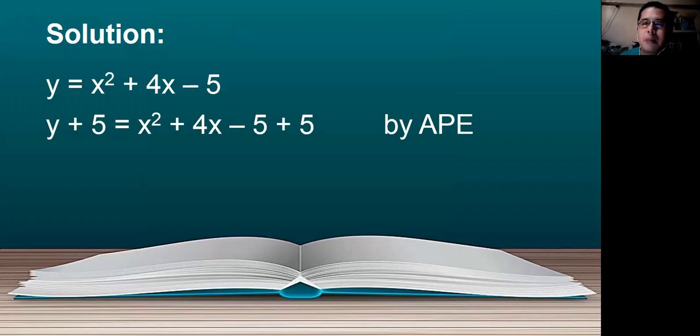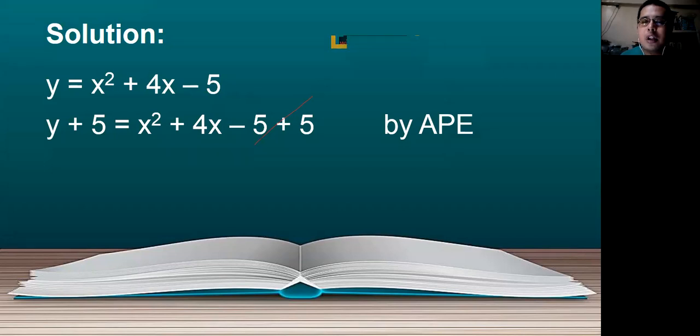So using the addition property of equality, or APE, we add 5 to both sides of the equation. By canceling the 5 on the right side of your equation, because negative 5 and positive 5 will become 0.